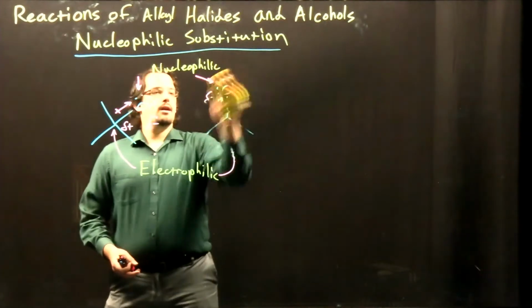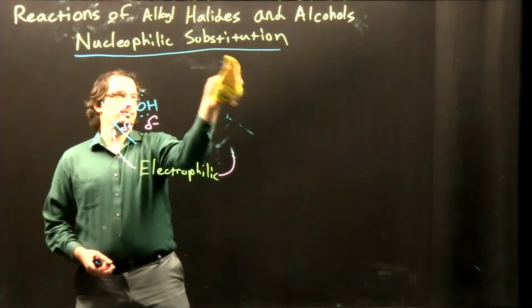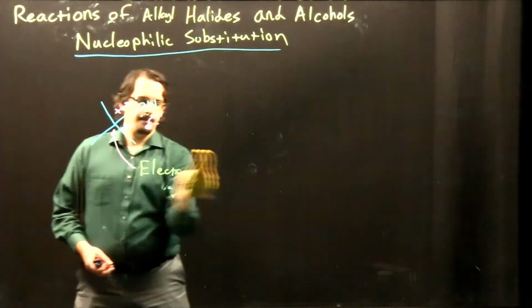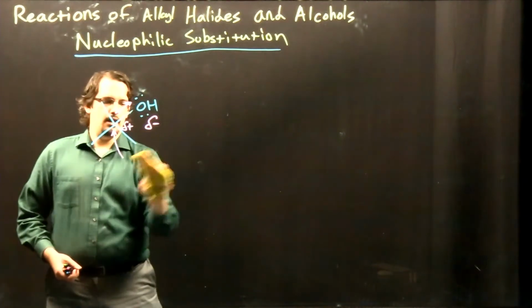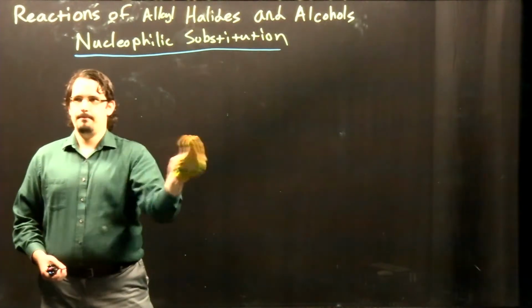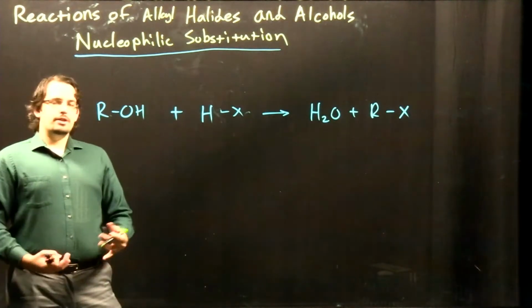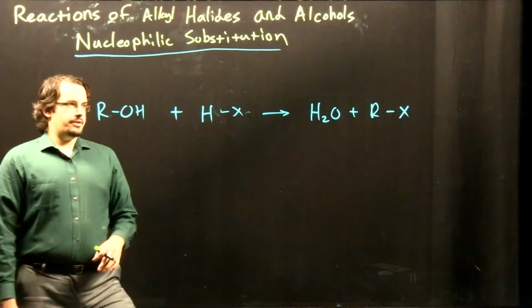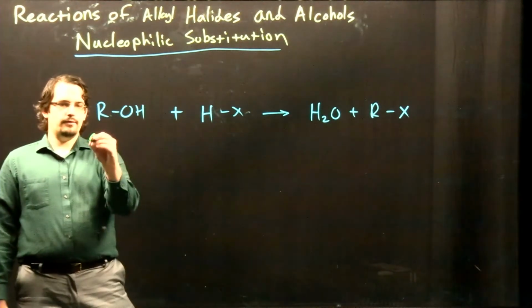Now, the first nucleophilic substitution reaction that we'll look at is a reaction between a hydrogen halide and an alcohol to form an alkyl halide. Our generic nucleophilic substitution reaction between a hydrogen halide and an alcohol is as follows.